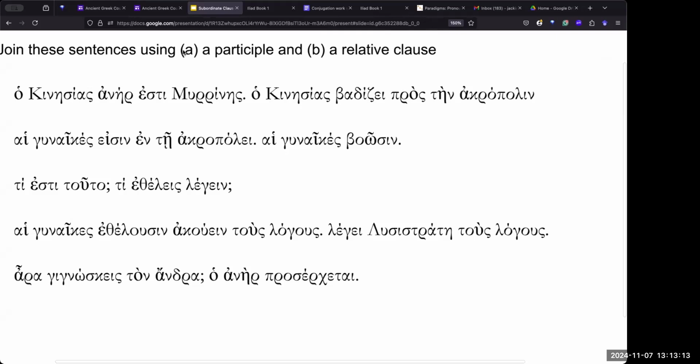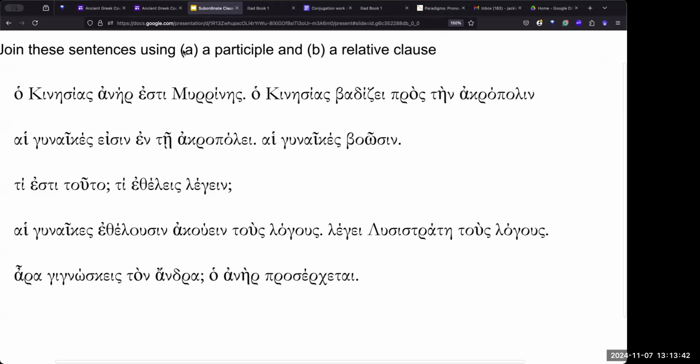Hai gunaikes, hai boosin, eisin en te Acropolei. So hai gunaikes hai boosin en te Acropolei, right? So that's one way to do it for sure: the women who are shouting are in the Acropolis.